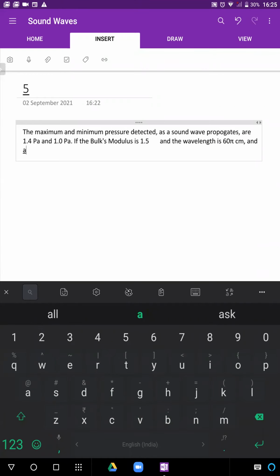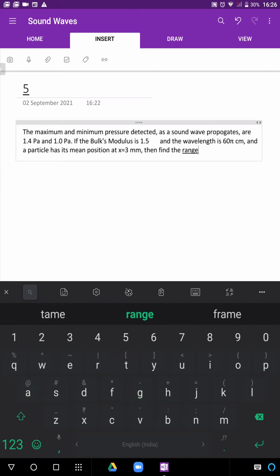And a particle has its mean position at x equal to 3 millimeters, then find, this is a question, yes, this is a question.